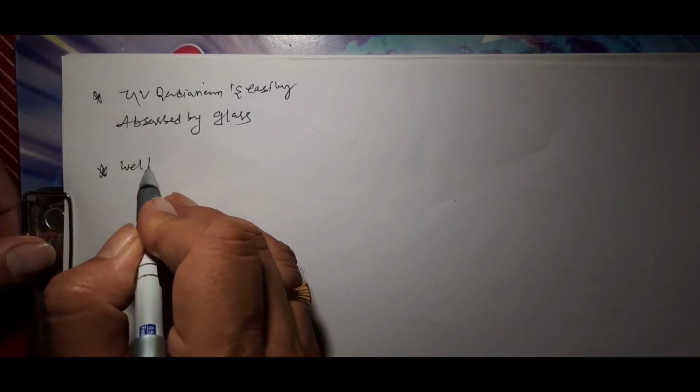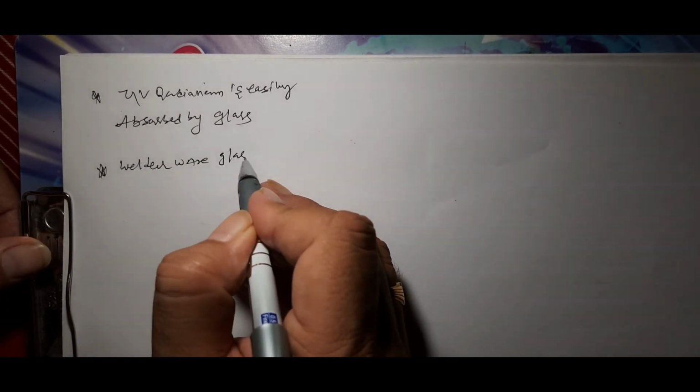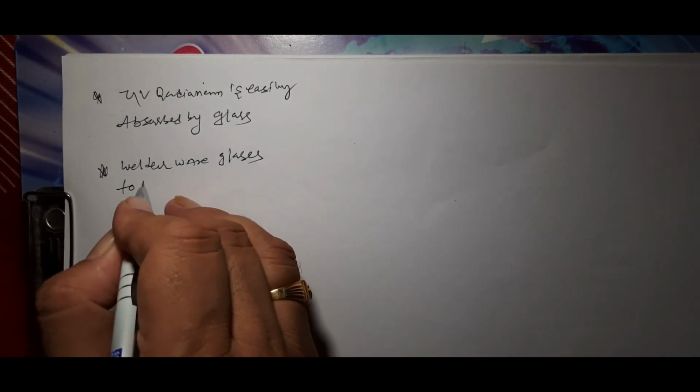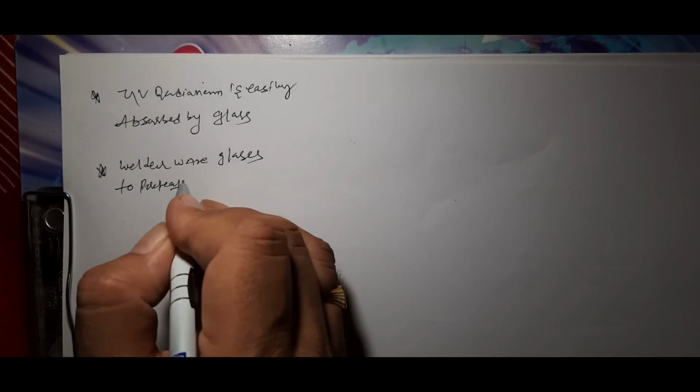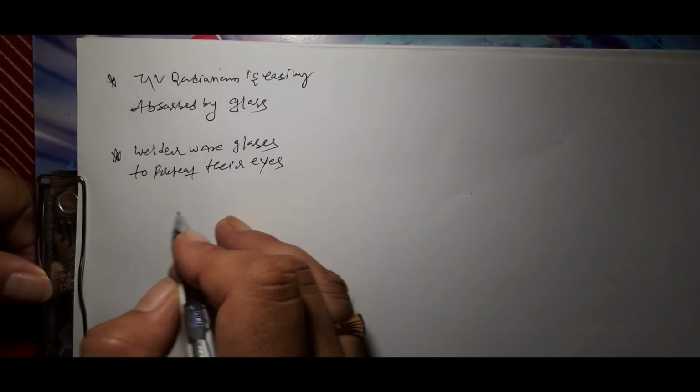That's why a welder wears glasses or spectacles to protect his eyes from UV radiation.